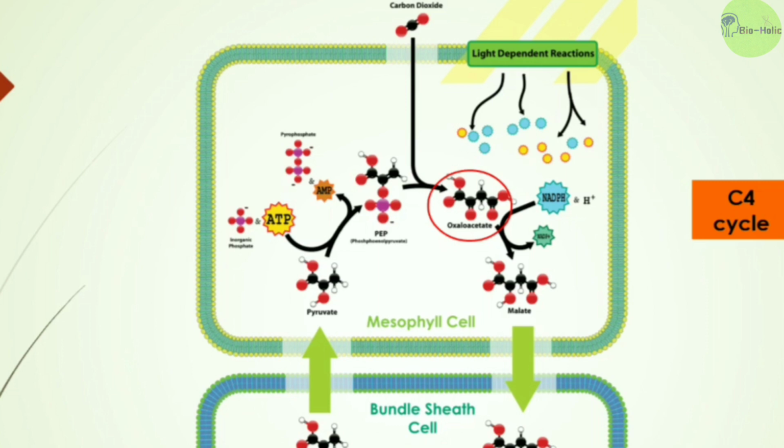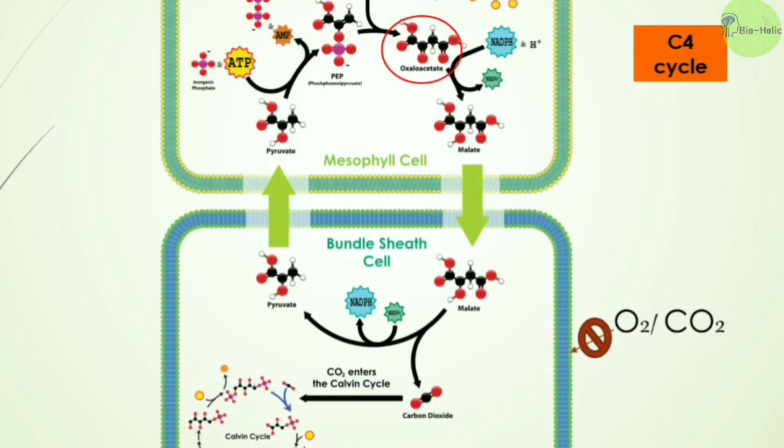Then the oxaloacetate is reduced to malate, which is then transferred to the bundle sheath cell from the mesophyll cells. And in the bundle sheath cells, with the help of NADP+, the malate is cleaved into pyruvate and carbon dioxide. The carbon dioxide enters the Calvin cycle and thus glucose is produced.